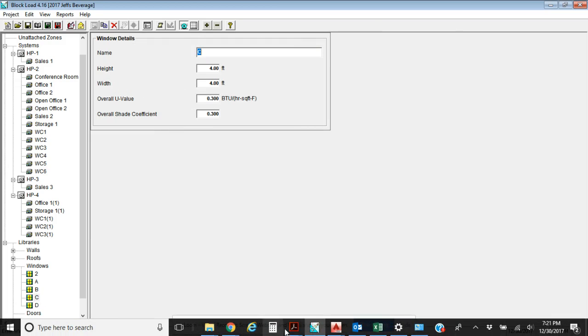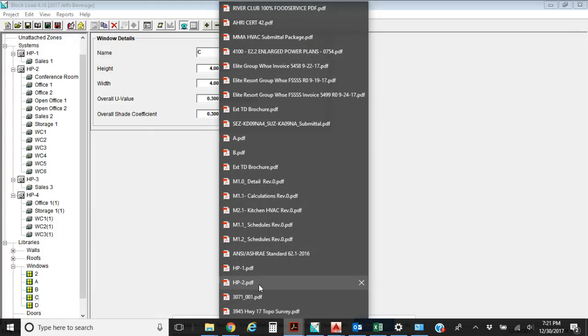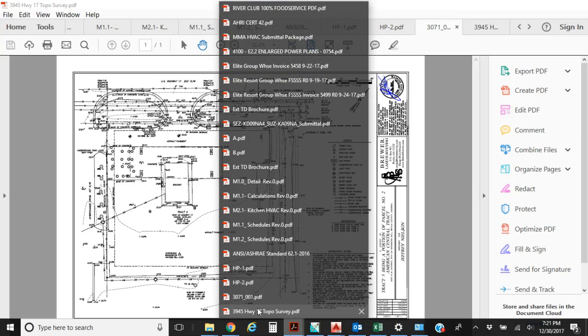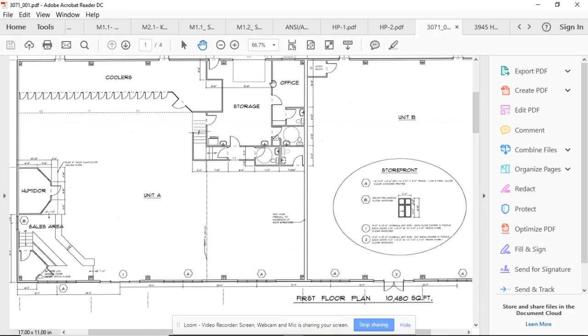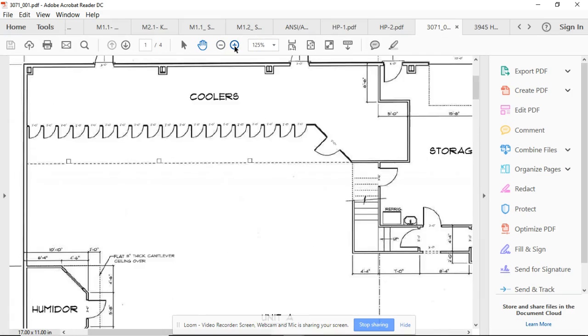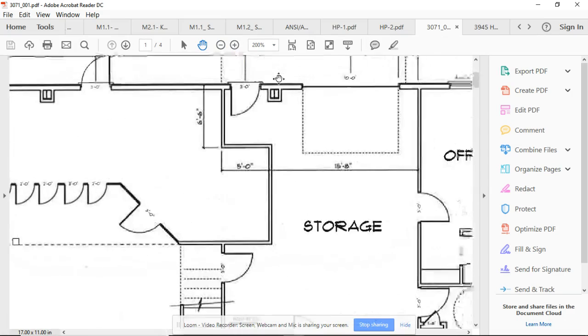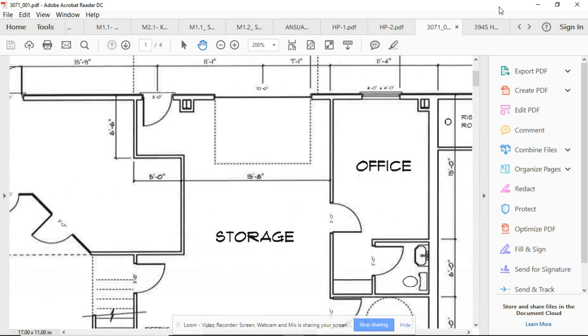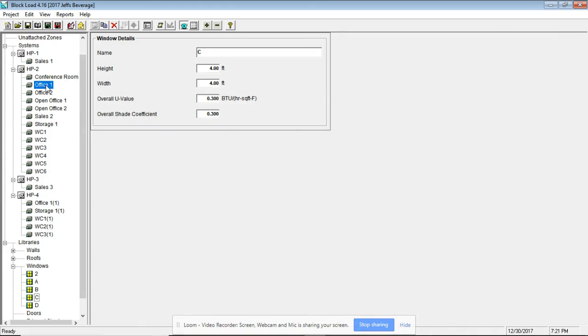I saw that in one of these plans that they gave us. If we zoom in right here, it's that window that's 4x4. It's hard to read, but that's what it says, 4x4. And if you compare the width of it to the width of a 3-foot door, then you'll see that it's approximately 4 feet, or about a third of the 11.4. Anyways, moving on. Office 1 done.